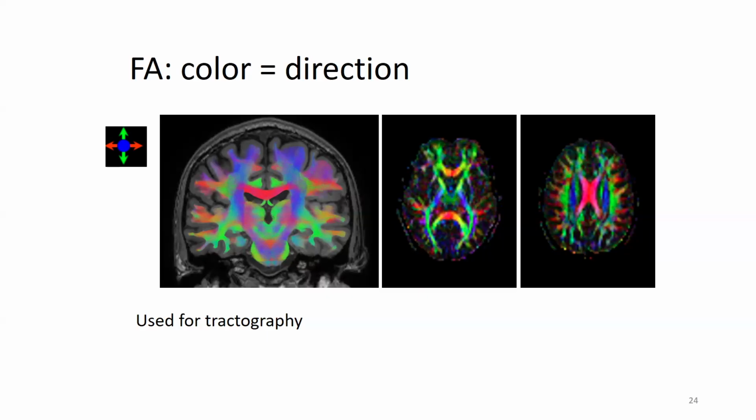Until now, I only showed it in gray levels. So again, the gray level is the FA. If it's high, it's bright. The FA is say 0.8 or 0.9. If it's dark, it's 0.0 or 0.1. It's a gray level. But I know exactly the direction that my gradients were played out by the scanner.